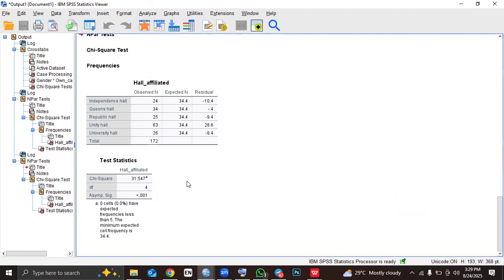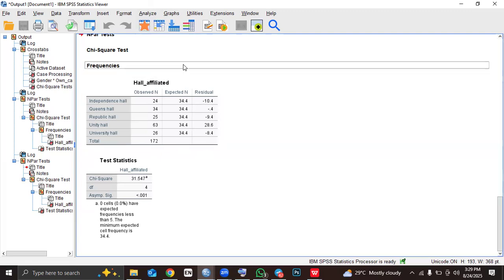So, in summary, the chi-square goodness of fit test was trying to determine whether there was a significant difference between the number of students that entered each hall. And our hypothesis was that all the students are going to be equally distributed amongst the halls.